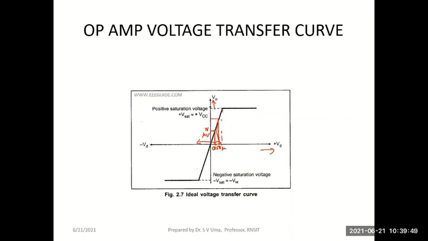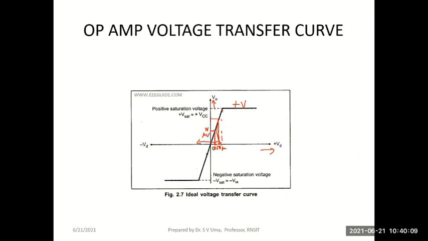Please remember, the positive saturation voltage plus V is reached here. That's why even if the differential input increases, the output cannot increase. It will remain at the same level. That's the maximum output voltage which you can get from an electronic device.